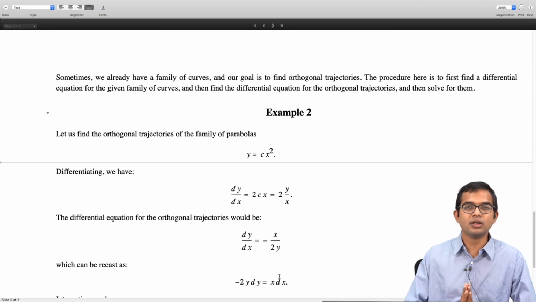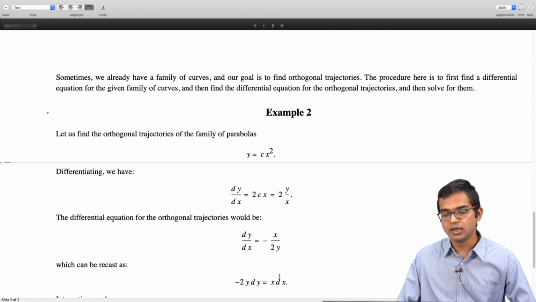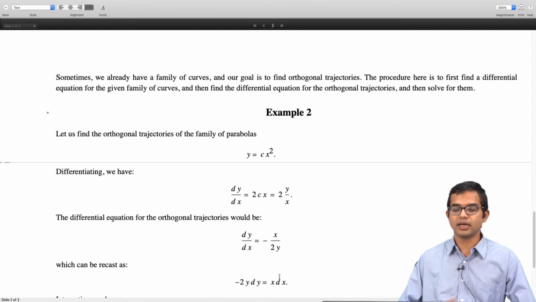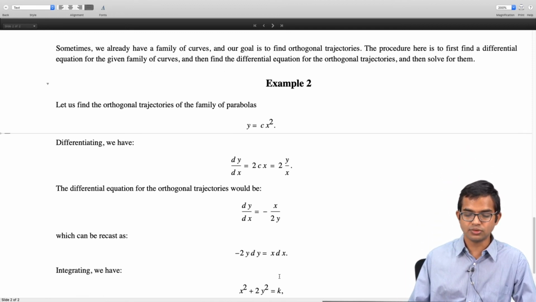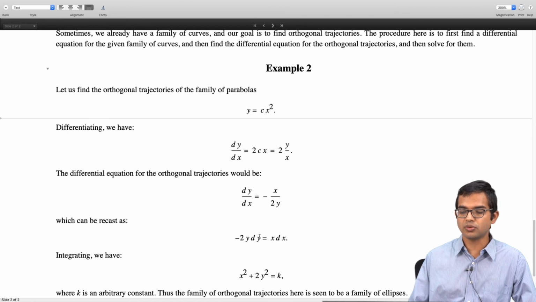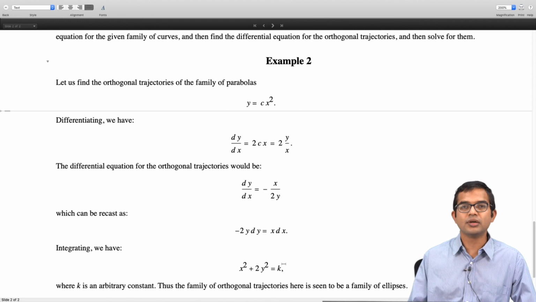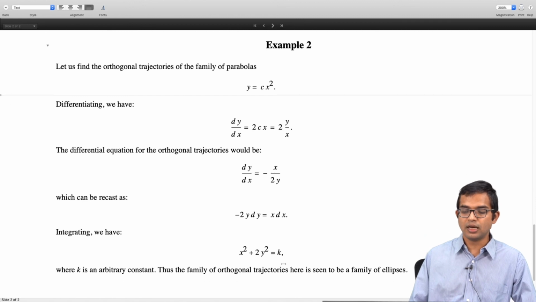It's a separable differential equation. You have minus 2y dy is equal to x dx. So on integrating, you get x squared plus 2y squared is equal to a constant. So now you have a family of ellipses, which are the orthogonal trajectories for your family of parabolas.